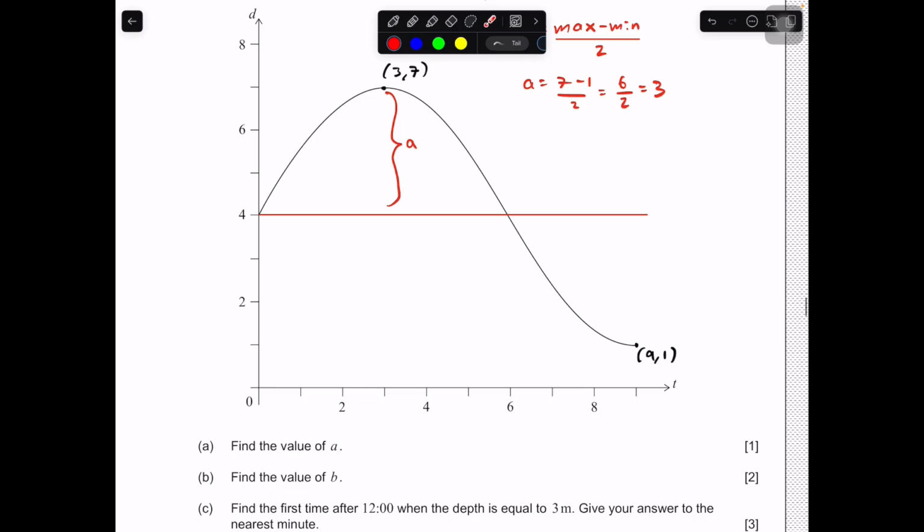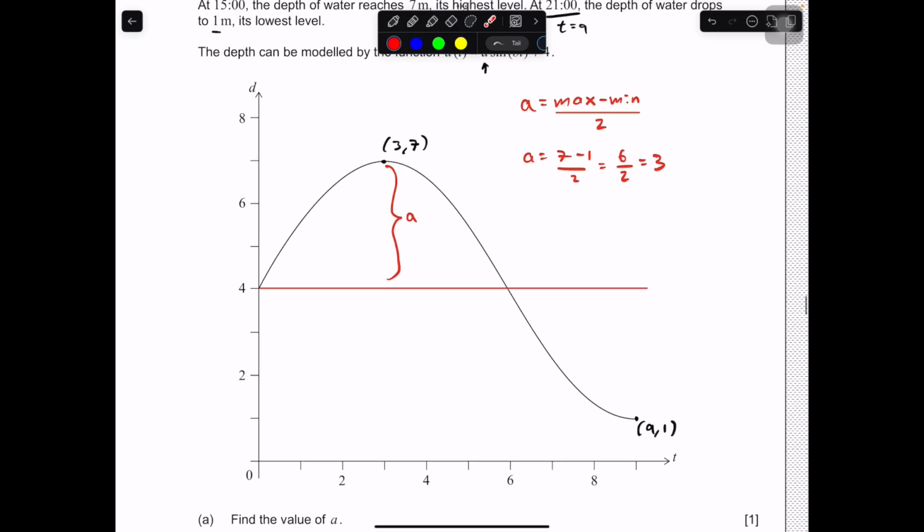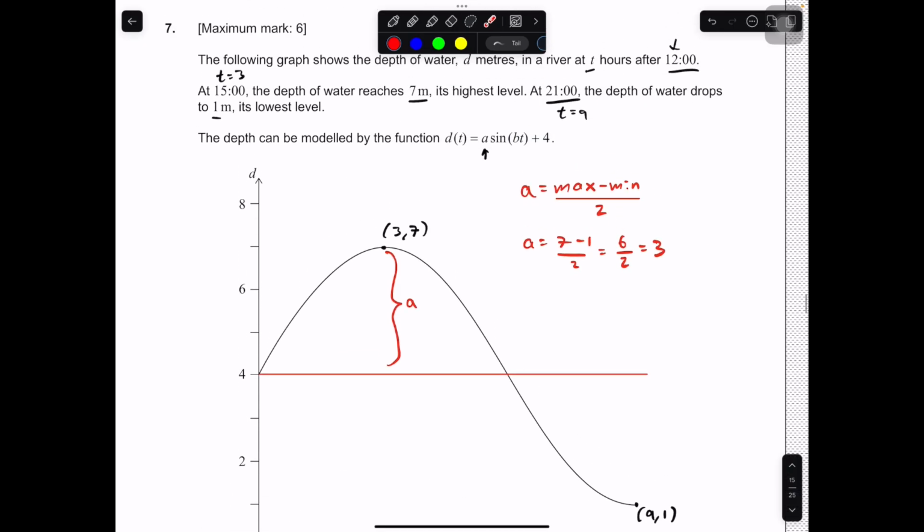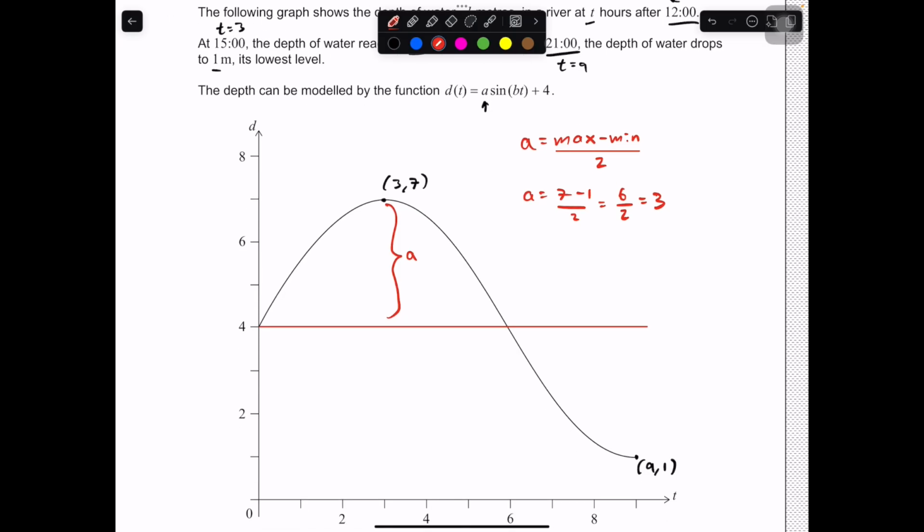Find the value of B. B is a little more challenging to find. B, remember, is given by, we'll use blue here, B is equal to the frequency, and that tells us how many cycles, any up-down cycles, any complete cycles we have within 360.